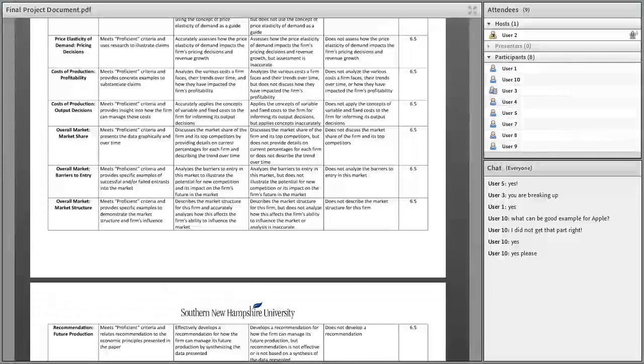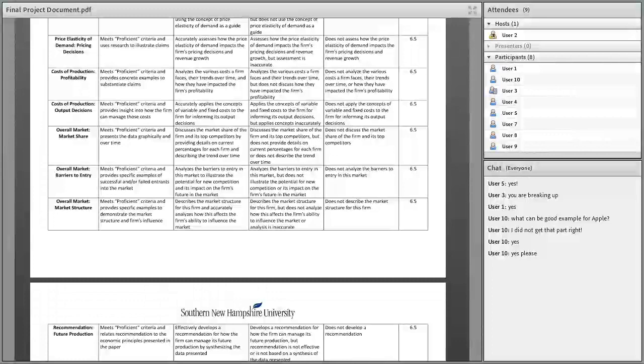Just because you're studying that firm, just because it's a famous firm, it doesn't mean that it necessarily has a huge share of the market, and then it can influence it a lot. To have an influence in the market, the firm would have to have a good market share. So that's what you can explain to be exemplary. Maybe your firm can influence it by changing its prices, but maybe not. It depends on your research.